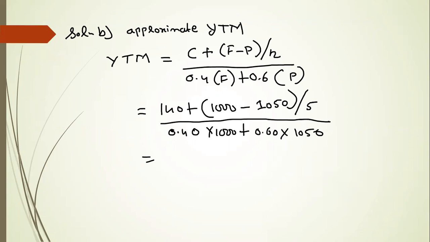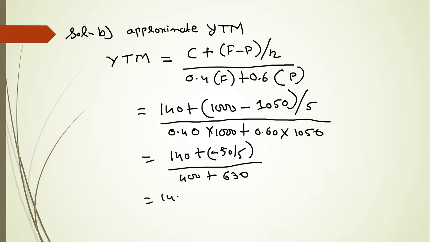Okay, so after simplification, if I do 140 plus 1000 minus 1050, that is minus 50. So minus 50 divided by 5, and here I get 400 plus 0.6 into 1050, which is 630.